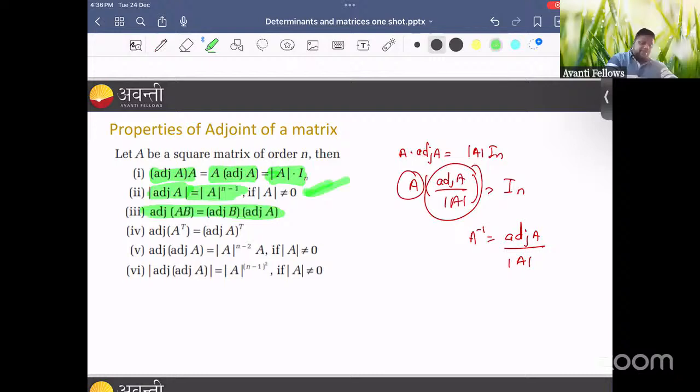And determinant of adjoint of adjoint A is determinant of A raised to the power (n minus 1) whole square.